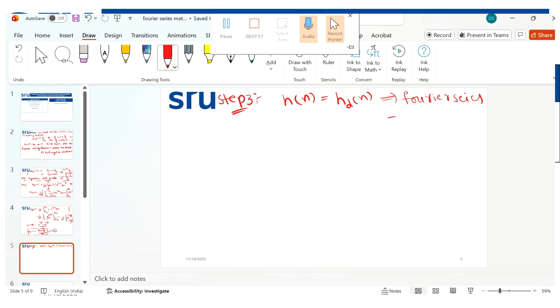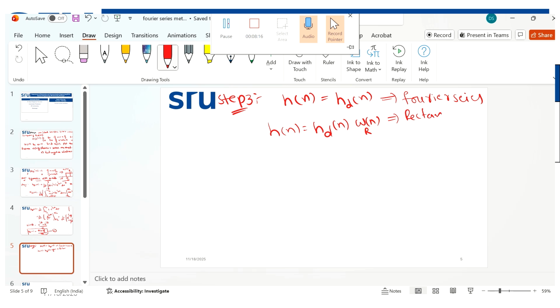Suppose if you are using the windowing technique, that is a rectangular window, then h of n will be equal to hd of n into w R of n. W of n stands for the windowing technique and R stands for rectangular window.